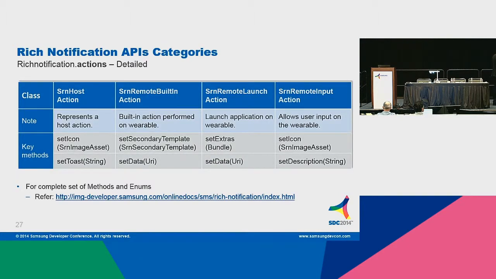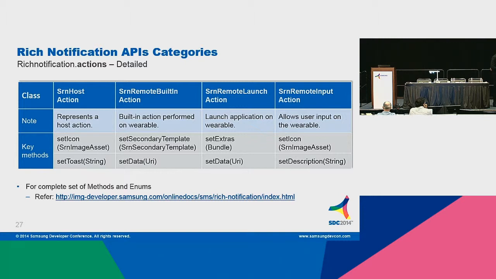The third and the important package is the actions. So what do you want? You want your notifications to be glanceable, but again at the same time you want it to be more functional, and you can add actions to it. Currently we are supporting 4 types of actions. One is the host action, which will launch the application or perform the action on your host device.